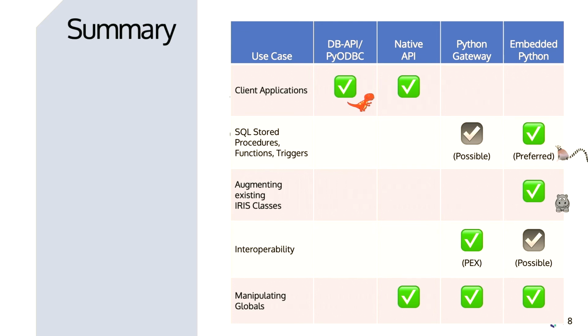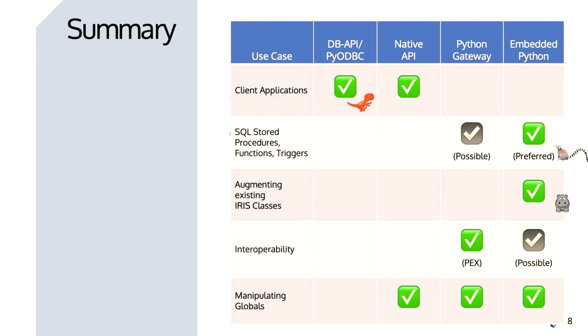And so with those use cases, you probably want to be in DB API or PyODBC. If your web application happens to use the native API, happens to use globals, then you want to use the native API. That's probably not very common, but that's a potential use case.